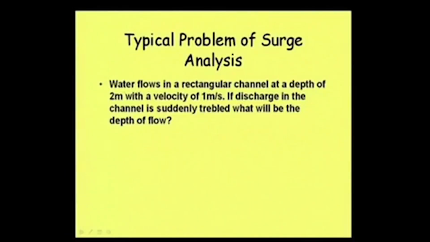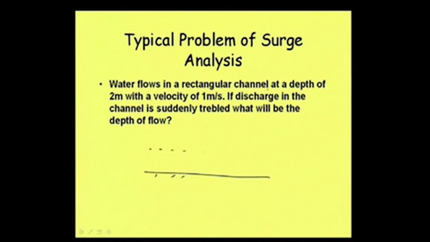Let us take a typical problem. In fact, we will not be solving the problem as such, but we will just show how the steps need to be followed and how we can get the result. So the problem is: water flows in a rectangular channel at a depth of 2 meter with a velocity of 1 meter per second. Say this is the channel and here water is flowing.